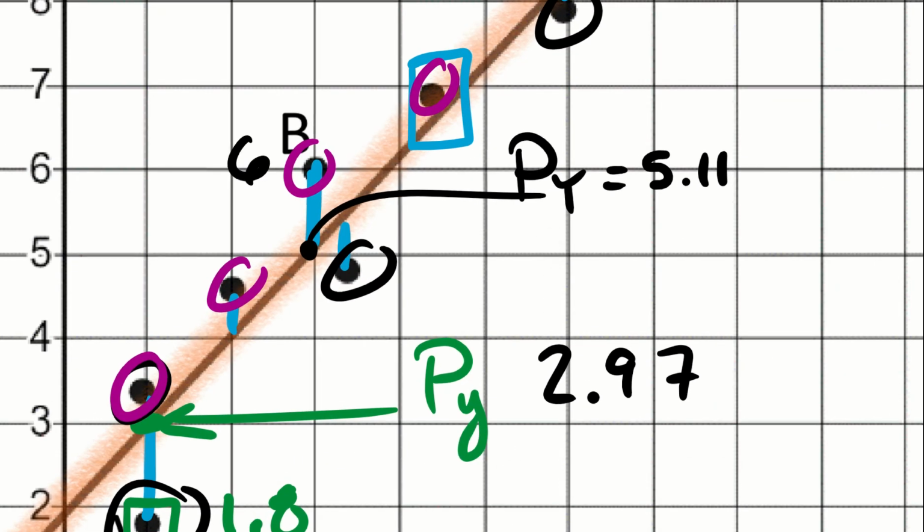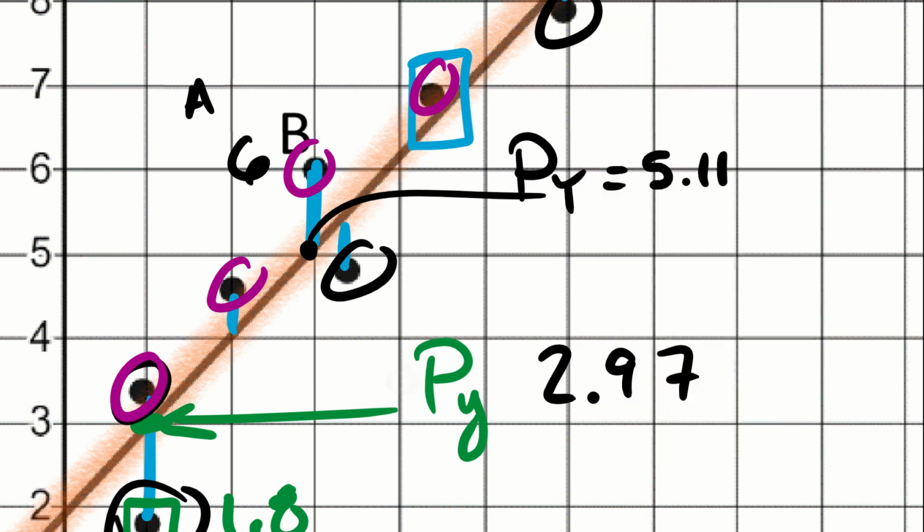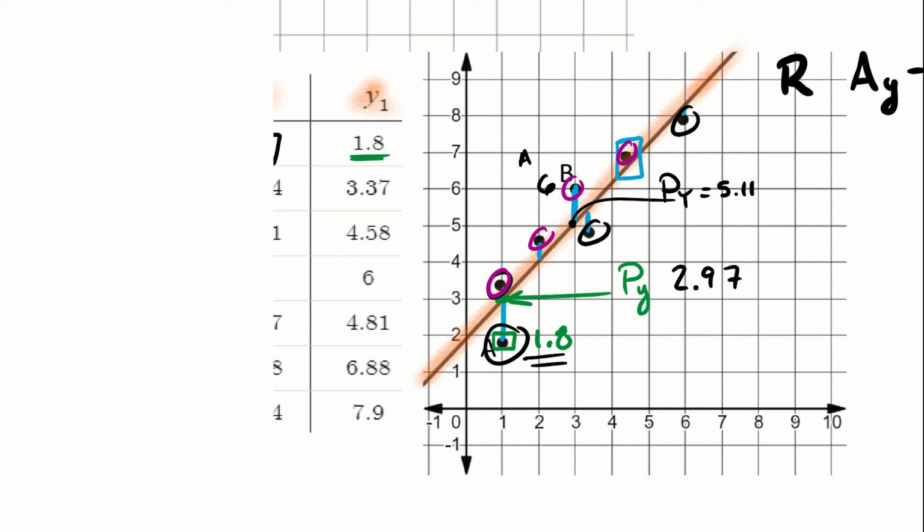So I need to find the difference between the actual y and the predicted y. So grab the calculator. Number 6, not 5. I'm going to take 6, the actual, minus the predicted of 5.11, and I get an answer of positive 0.89. So the residual for that point is positive 0.89.